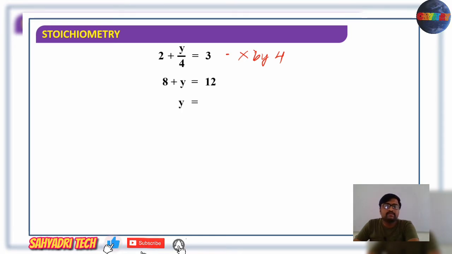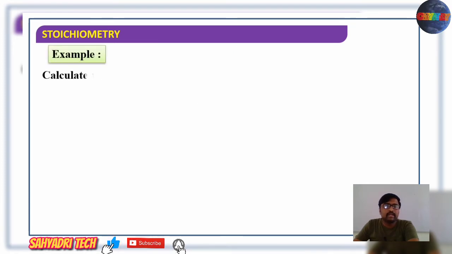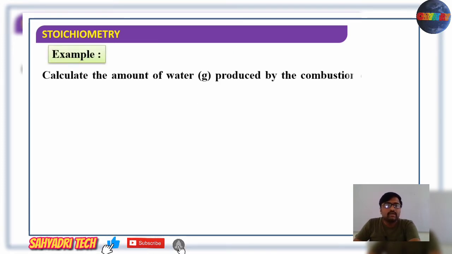Then y is equal to 12 minus 8, so y is equal to 4. Then the formula is C2H4, right?